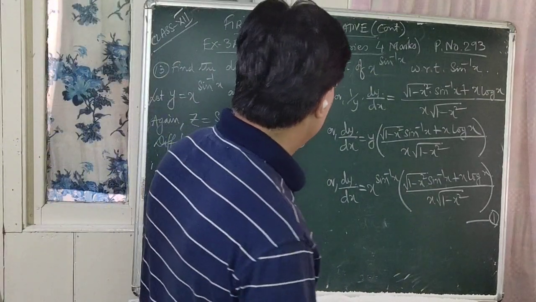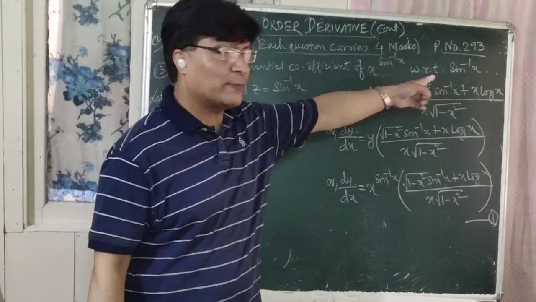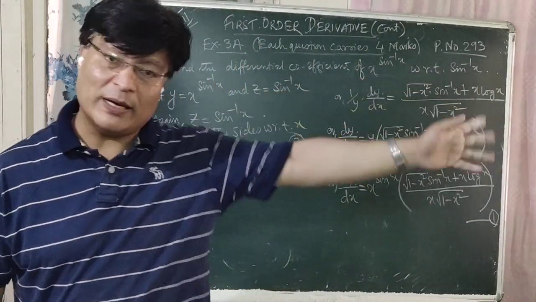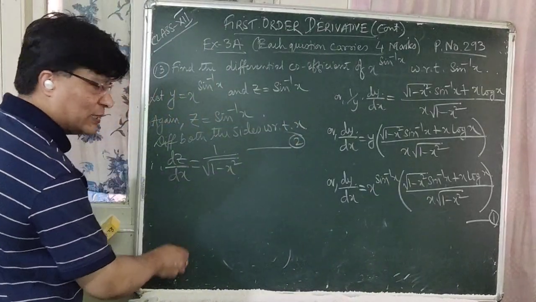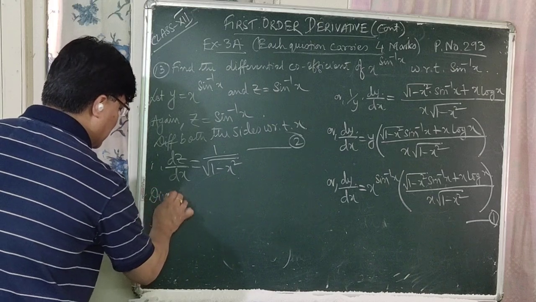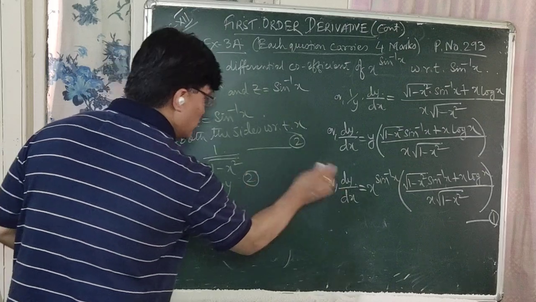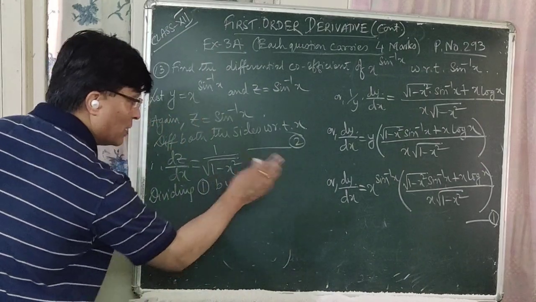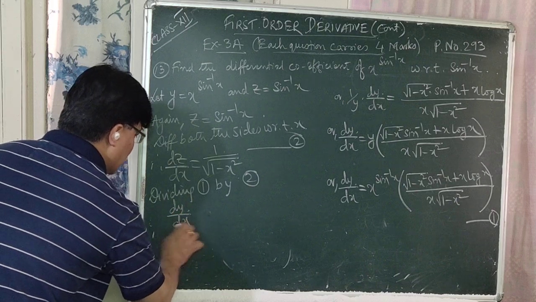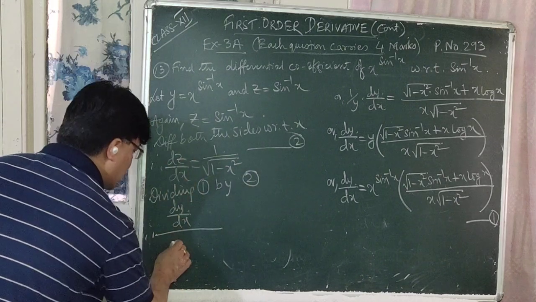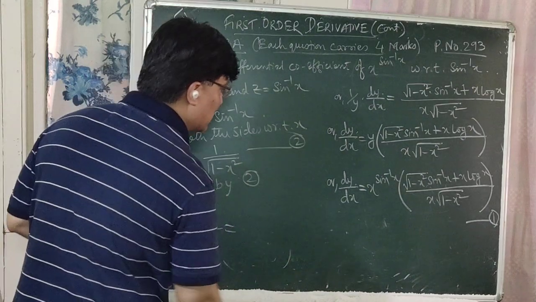So actually in this case, what is to be determined? Find the differential coefficient of y with respect to z. That means you have to find out dy by dz. Again you have to divide. Divide 1 by 2 to get dy by dz. So dividing 1 by 2. The question is here. Write down left hand side of number 1 in the numerator, that is dy by dx, divided by, write down left hand side of number 2 in the denominator. Dz by dx is equal to, now on the right hand side what will be there?